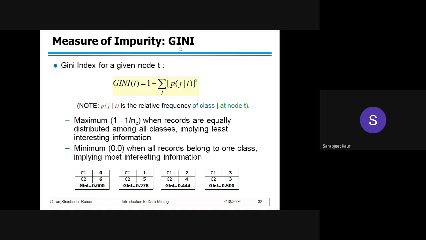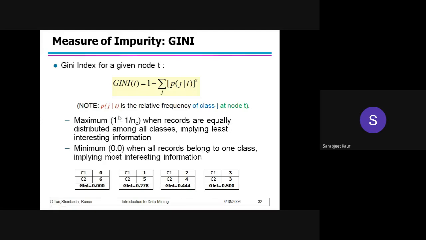What is the minimum value of these metrics and what does it imply? Suppose I had two classes and an equal number of tuples in both the classes, then the maximum value of the Gini would have been reached.